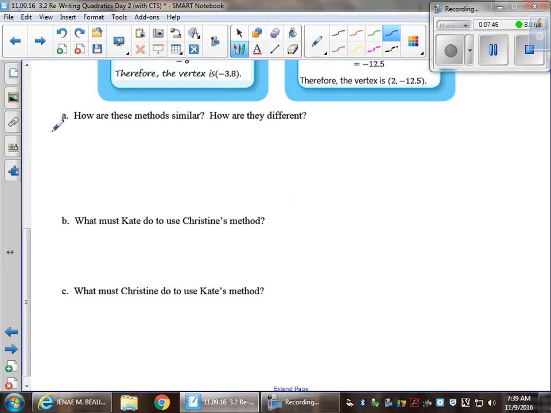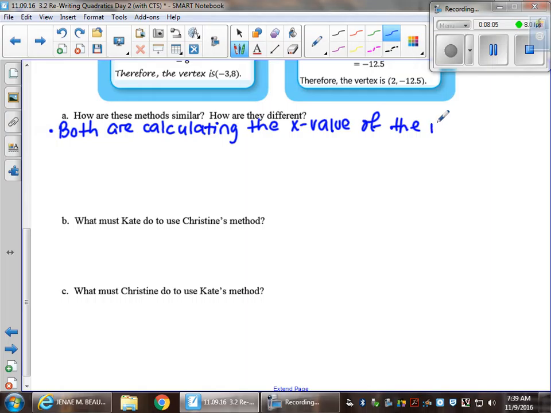So both are calculating or finding the X value of the vertex first. Now, is this what Christine said she was finding?